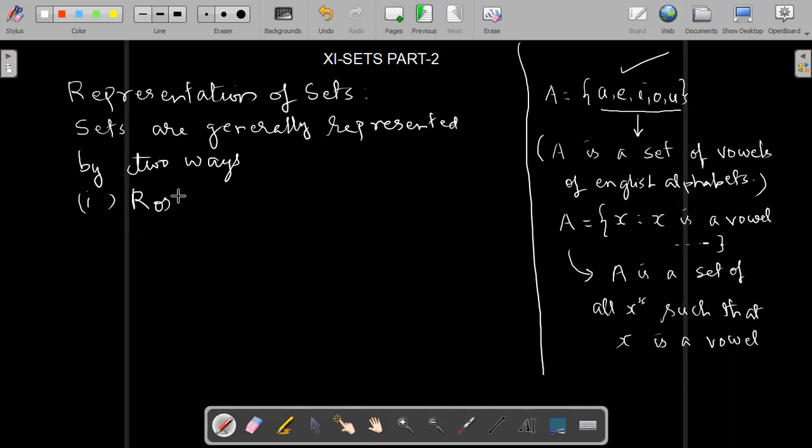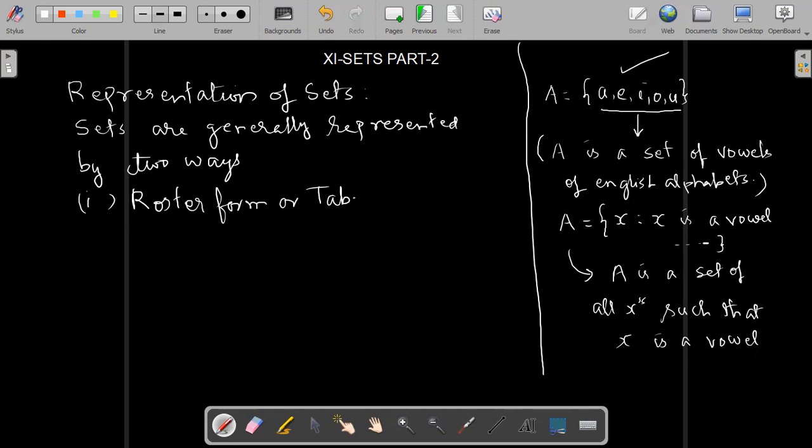Yes, set builder and roster. So this is called roster form. The first one is called roster form, or it is also called tabular form, and mostly we use roster form in questions also.